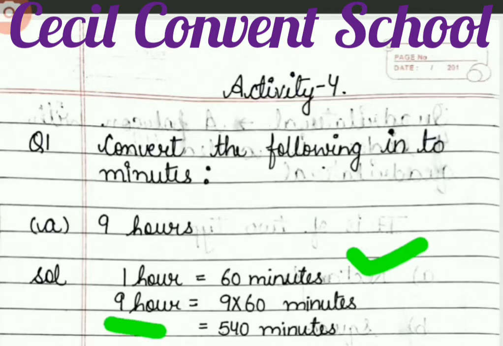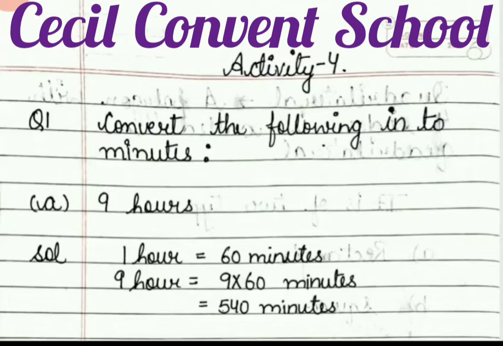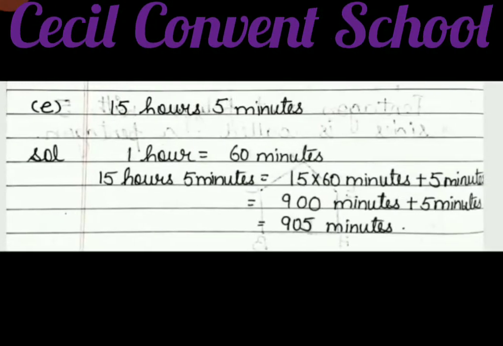When you multiply, students, you multiply 9 with 6. Everybody knows 9 sixes are 54, and with 60 there is a 0, so you put 0 at the end. So the answer will be 540 minutes. Like this we do this one question. Clear?